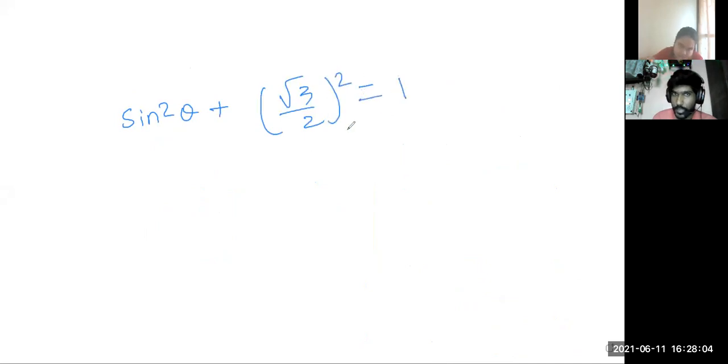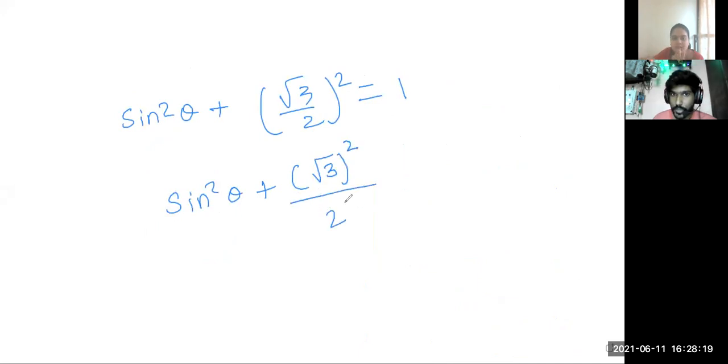So sine square theta plus root 3 upon 2 the whole square is equal to 1. So first you put the square on the numerator and the square on the denominator. Now root 3 the whole square, what will happen?